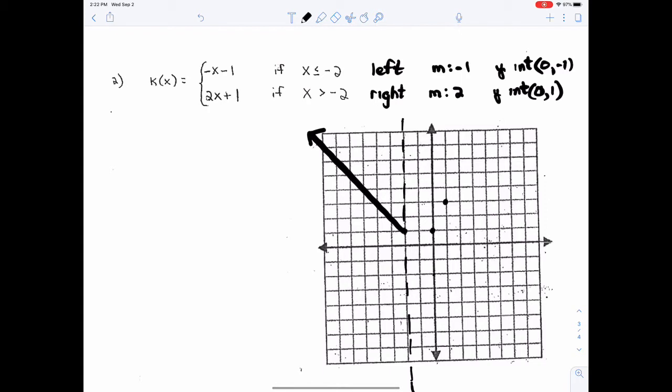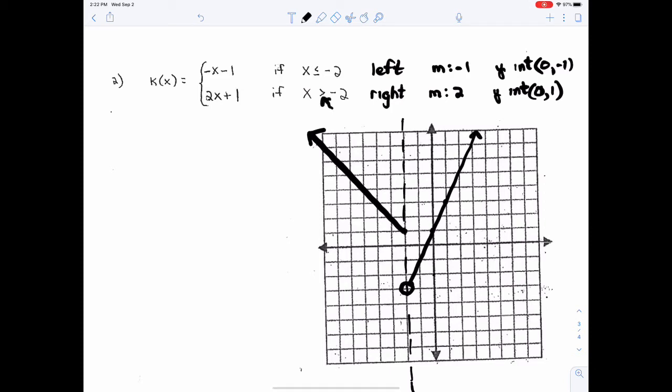And then what we're going to do is we're going to draw this graph, but as soon as we hit that dashed line, we're going to stop drawing it. Okay. And we're going to put an open circle. Why?